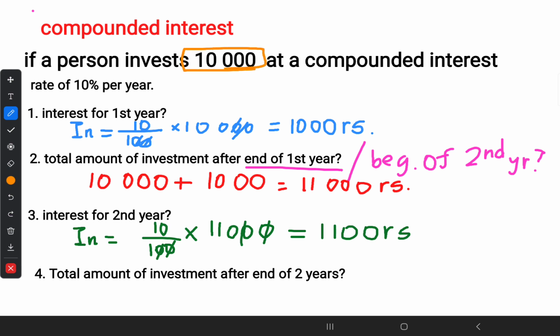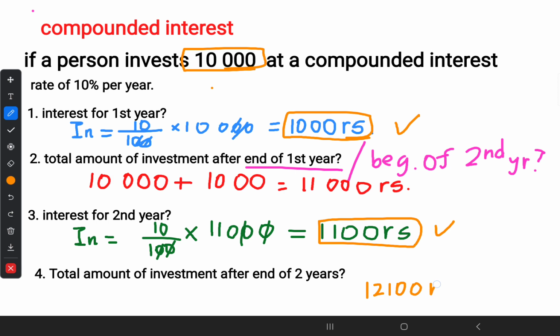With that you should add the first year interest and the second year interest. After the end of 2 years, what is the amount in your bank? The initial investment, first year interest and second year interest are all included. So altogether it is 12,100 rupees. For this amount, they will offer you interest for the third year.